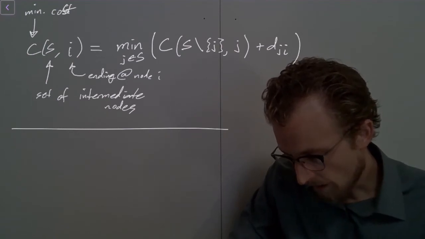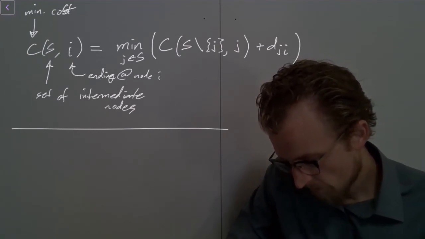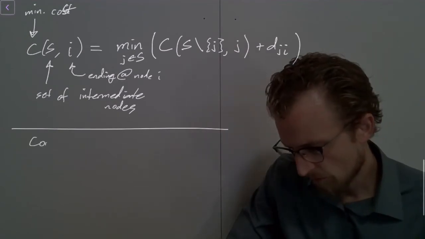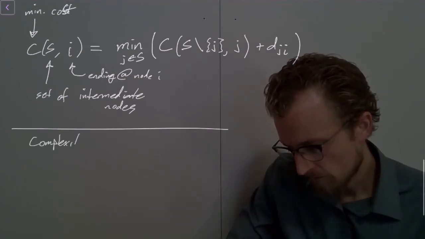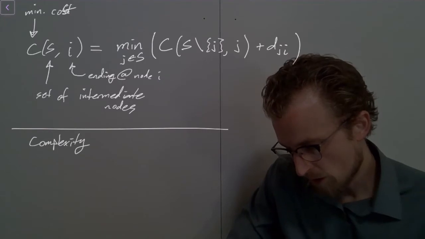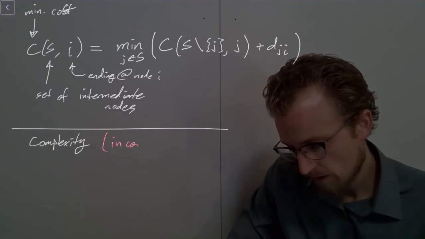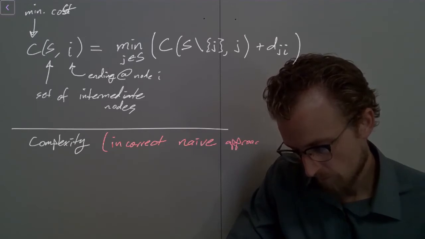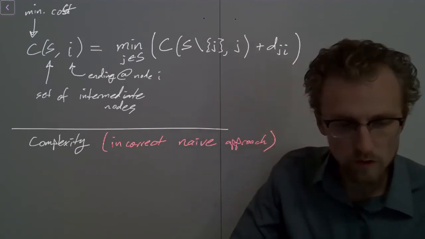So let's think about what that does. We want to look up the complexity of this thing. And the first thing we want to do is an incorrect, naive approach. All right, so what are we going to do?